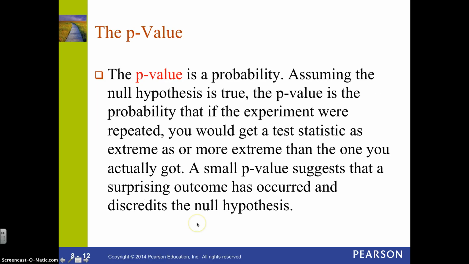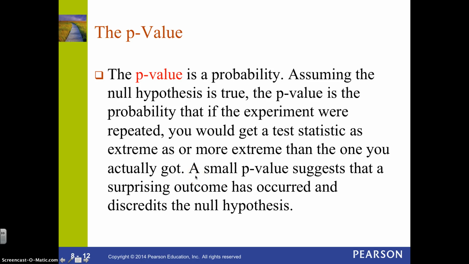The p-value is a probability. It assumes the null hypothesis is true, because remember back in the test statistic, I said you take your sample proportion minus the population proportion that was in the null hypothesis. So we're assuming that it's true. Then the p-value is the probability that if the experiment were repeated, you would get a test statistic as extreme as or more extreme than the one you actually got.